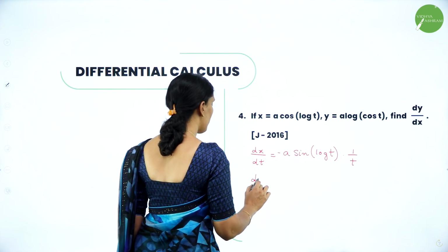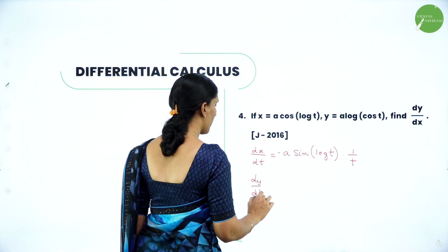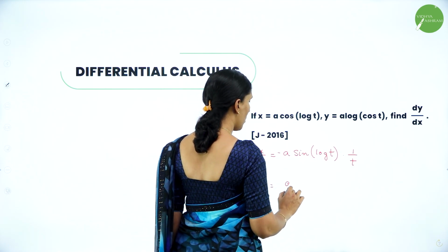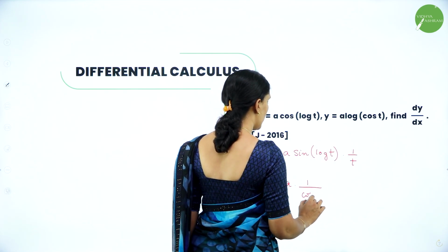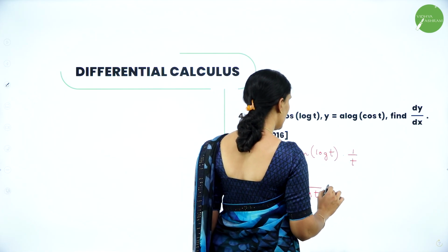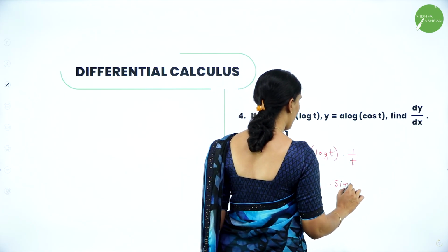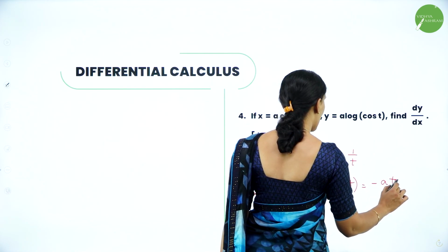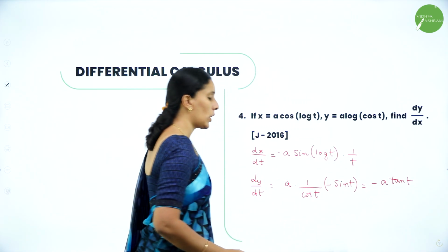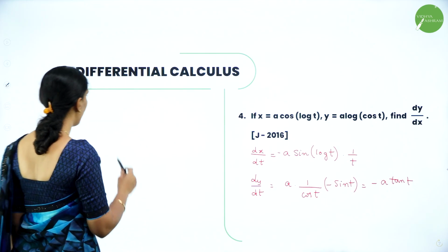Next we will take dy by dt. So we have a log of cos t, which gives 1 by cos t, and derivative of cos t is minus sin t, which can be written as minus a tan t, because sin by cos is tan.